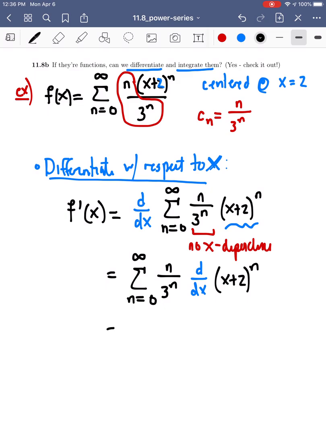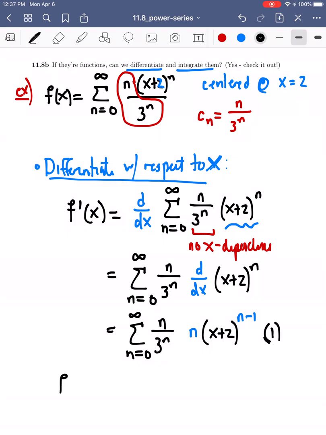So if we just differentiate this last term, well, this n over 3 to the n stays the same. When we differentiate the (x plus 2) to the n, we would bring that n down. We would get the quantity x plus 2 now raised to the n minus first power by the differentiation power rule. And we differentiate what's inside of those parentheses, the x plus 2, which when differentiated with respect to x just gives us a 1.